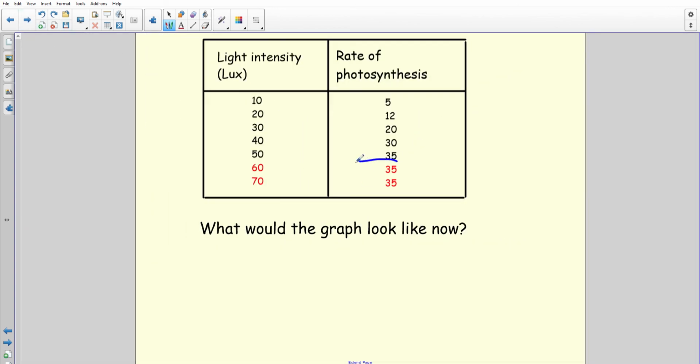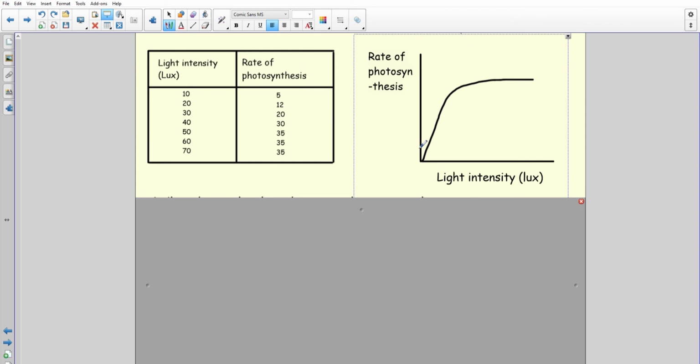So if we look at this bottom bit, what has happened as we've got to the end is that we've started to get to a point where it no longer goes up, and we end up with a graph like this. It goes up at first, so we have the same thing happening at the start.